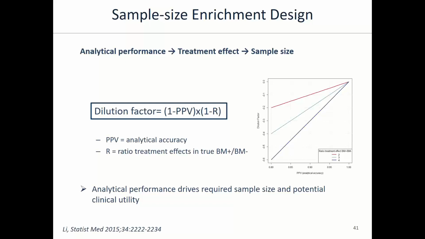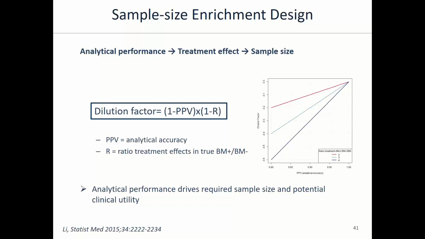Now, what I would like to add here is that this treatment effect is in turn influenced by the analytical performance of the test you use to define the intended use population. That is, of course, because in an enrichment design, you expect that in the biomarker negative group there will be no treatment effect or a lower effect.